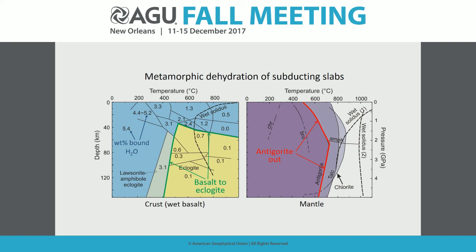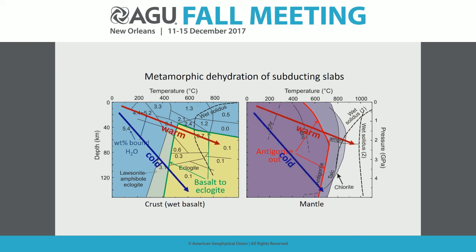In the mantle part of the slab, if it was hydrated before subduction, the hydrous minerals will break down as the temperature and pressure increase. These reactions and associated dehydration and mechanical consequences are thought to be responsible in some way for intraslab earthquakes.